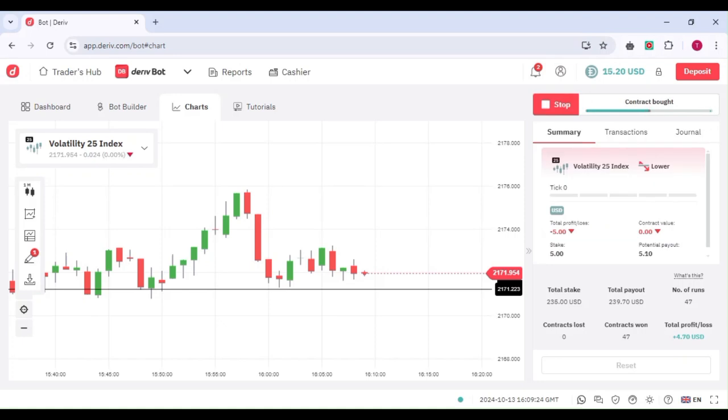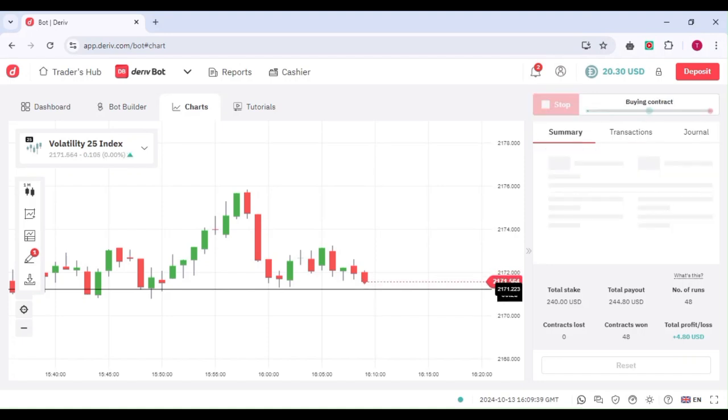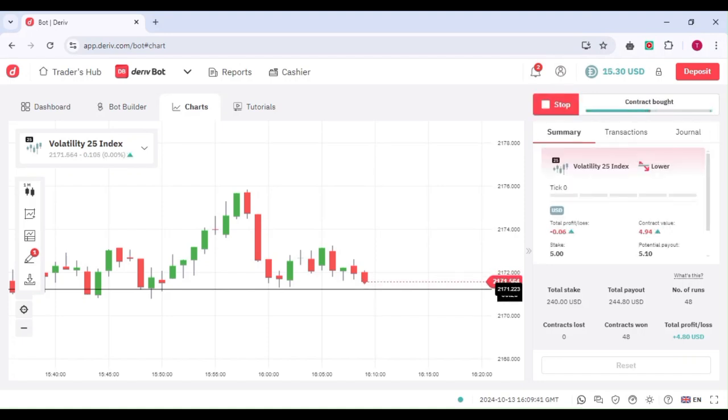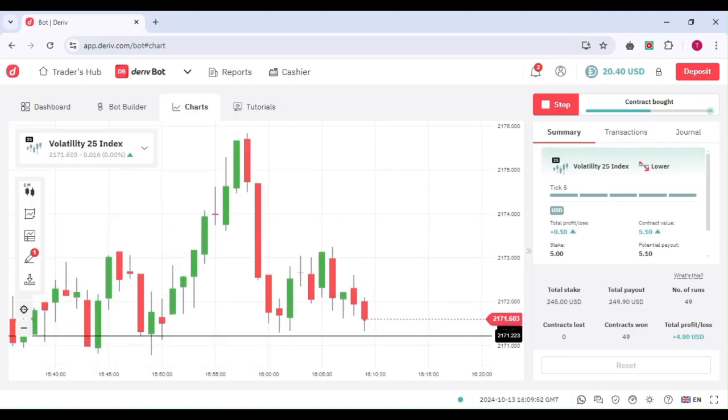Guys, just be patient. Stop focusing on that amount, which is a very large amount of capital, or using a small capital to gain so much money, like trading the matches contract type. If you know you're a beginner, don't try that. Just do this. Just try trading using the higher lower, and I bet you that you'll make it.